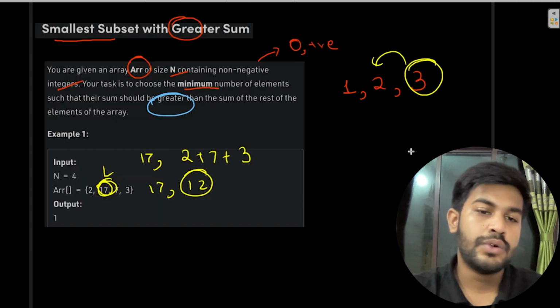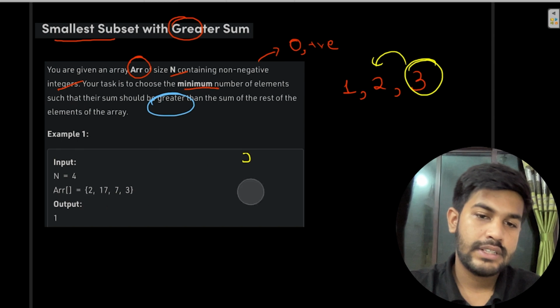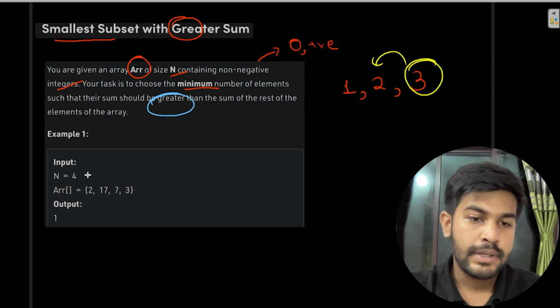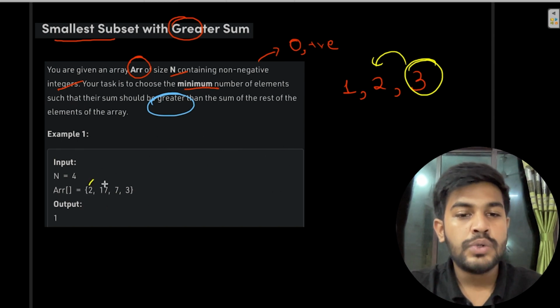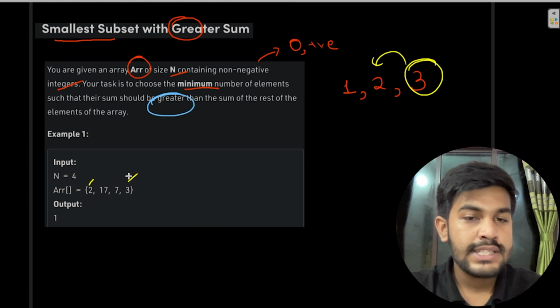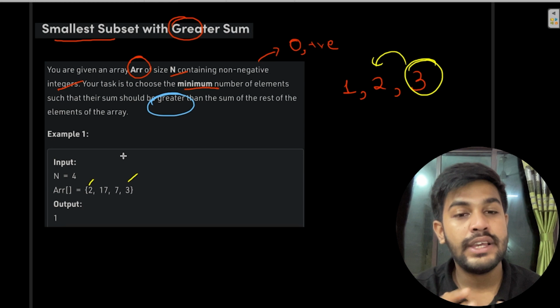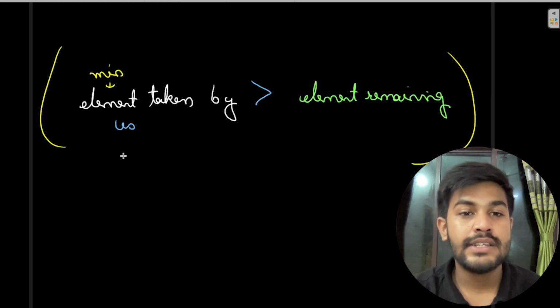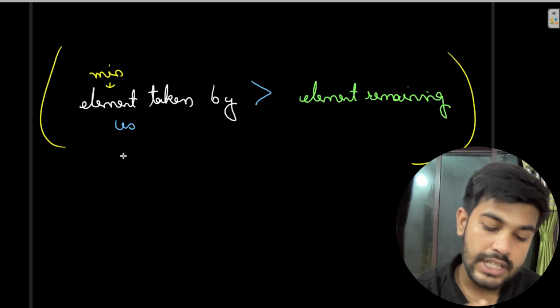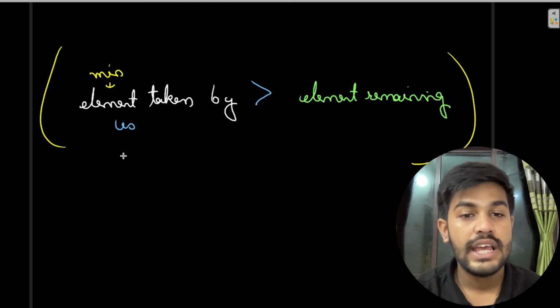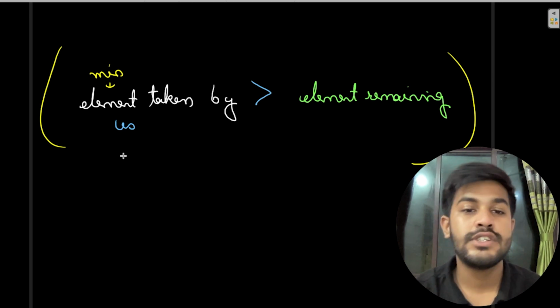If we know that we can do it using one number, then taking 2 and then taking 3 is useless at this point of time. So to minimize the number of elements, we would just take the numbers which are larger. And that is the crux of the solution.